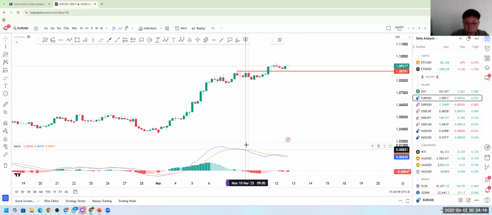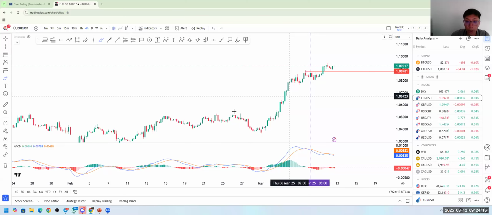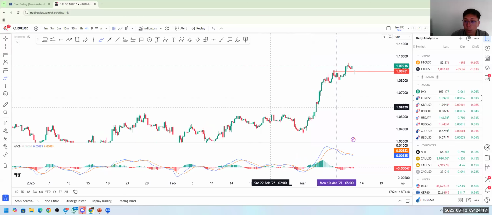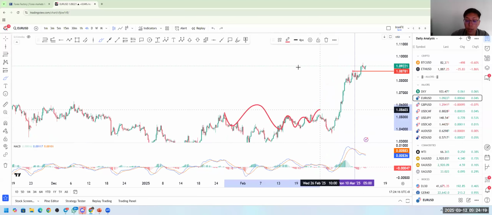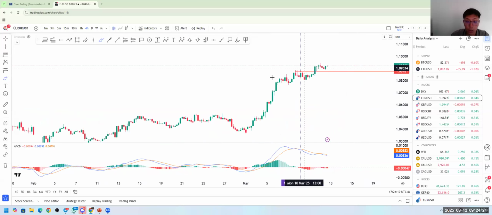You guys can see we have a crossover below, which indicates a sell. But if you look at the overall trend, why would you want to sell, right? It's not a good idea to only use MACD and not any other confluences.